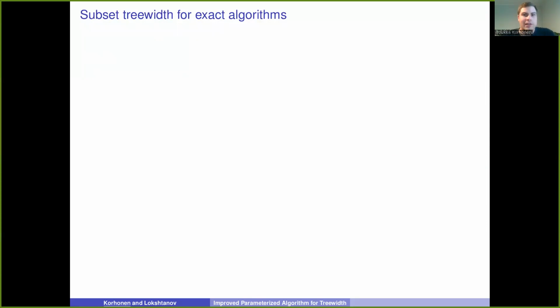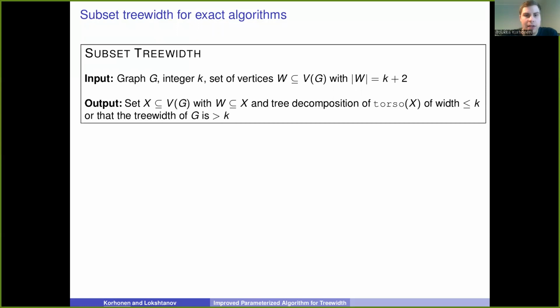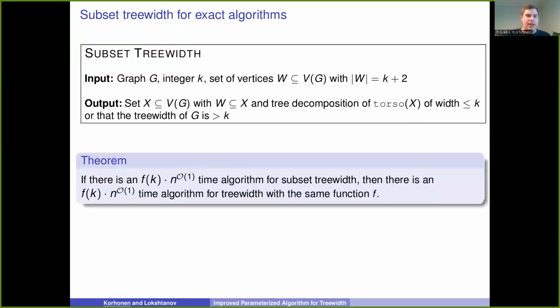So then, what does this give for exact algorithms? We have this subset Treewidth formulation: a graph G, an integer K, a set of vertices W of size K plus 2, and we want to find a superset X and a tree decomposition of torso X of smaller width, or conclude that the treewidth of G is larger than K. Now K is both the size of W and the target width of this decomposition of torso X. What we show, and what was sketched in the previous slide, is that if there is an f of k times poly n algorithm for subset Treewidth, then there is an f of k times poly n algorithm for Treewidth with the same function f.